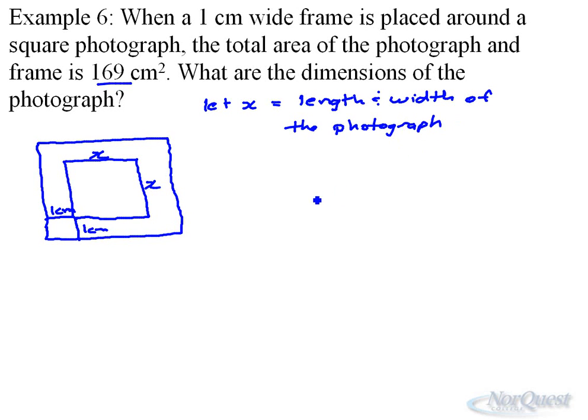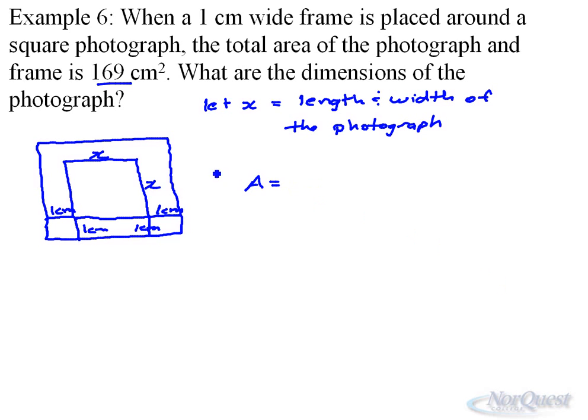Now what we have is the area of the total frame and photograph. Since it's 1 centimeter uniform all around, when you set up your equation, you have to include the area of the whole thing. Not just the picture, not just the frame, but the total area.